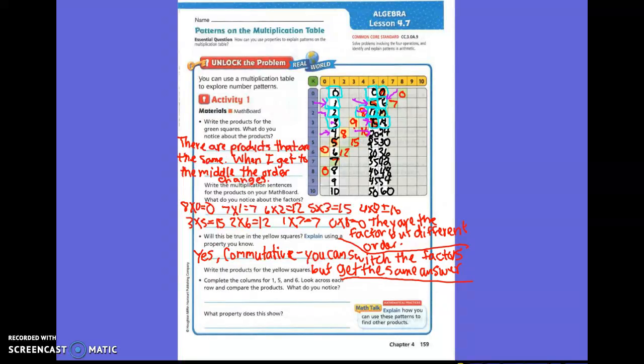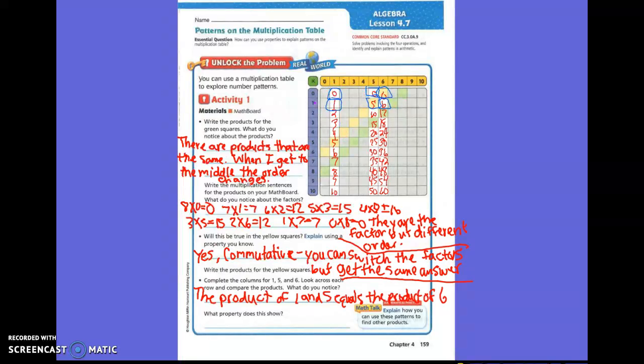Let's write that down. Okay, so I cleaned off the rest of the numbers. So you have 1 times 2 equals 2. And then 2 times 5 equals 10. 2 plus 10 equals 12. 3 times 1 is 3. 3 times 5 is 15. 3 plus 15 equals 18.